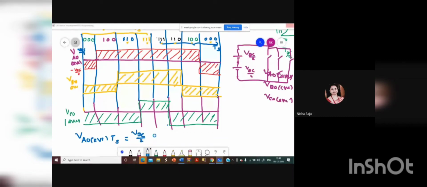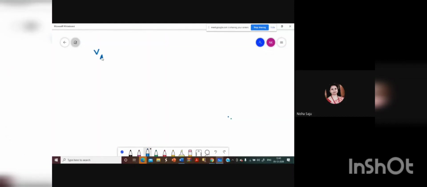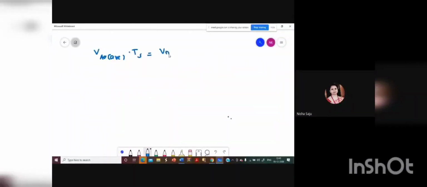Then you have to find out VA0 average. VA0 average into TS is equal to VDC by 2 into minus T0 by 2, plus T1 level, you will be having a positive one, plus T2 level, positive one, plus T0 by 2 level, again a positive one, right?